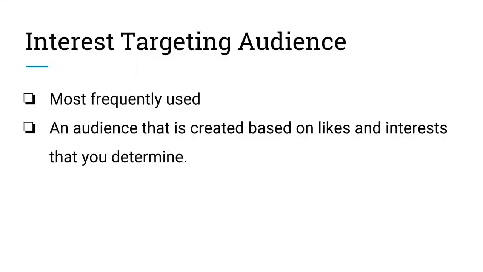So tell us a little bit about this interest targeting audience, what it is, and when you suggest using it. Interest-based targeting is when Facebook basically categorizes all the things you've liked on Facebook, brands you've interacted with, and websites you've visited, and creates interest profiles on you that advertisers can use to serve ads to you.